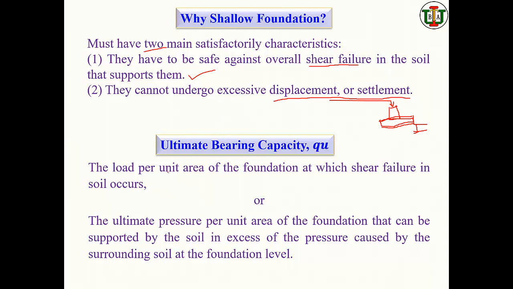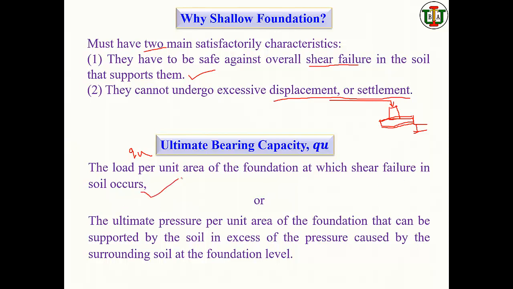So if you go with the theoretical point of view, it is the load per unit area. Load per unit area means what? Stress, right? Force over area is stress. So the load per unit area of the foundation at which shear failure in soil occurs.